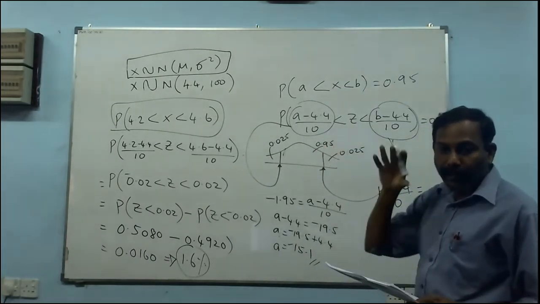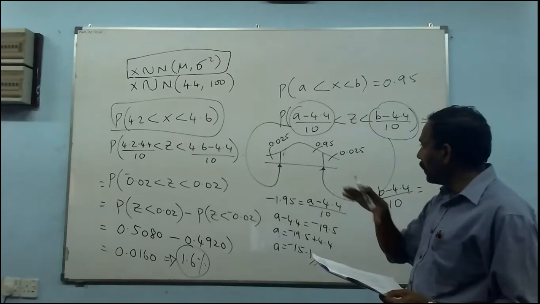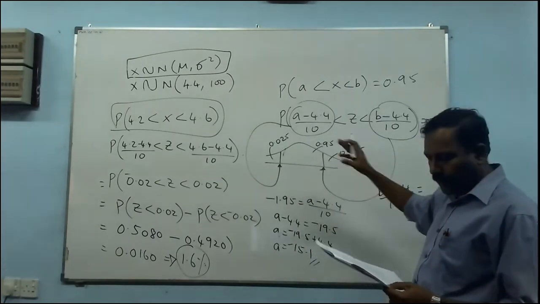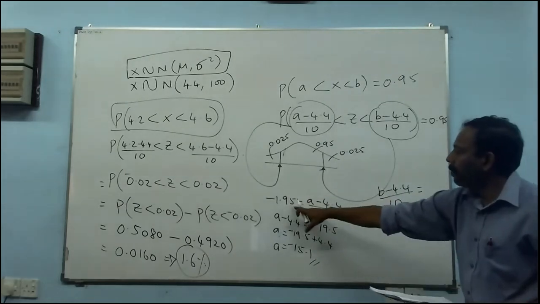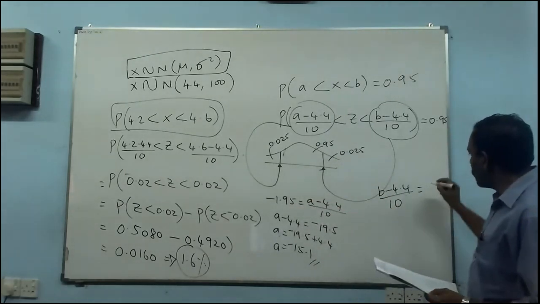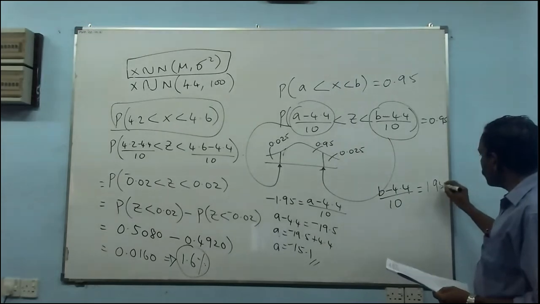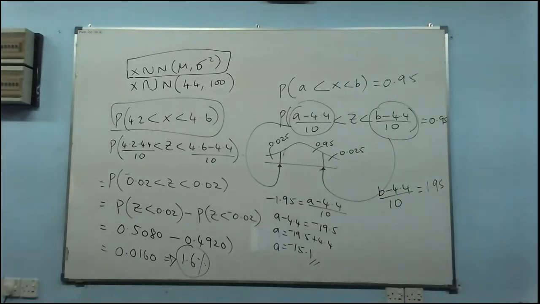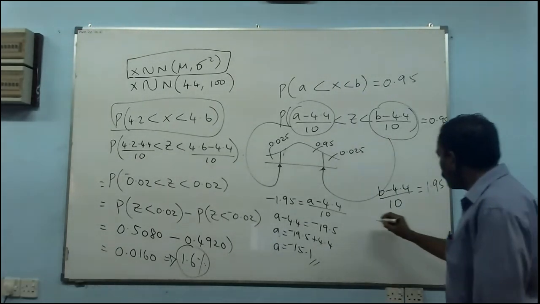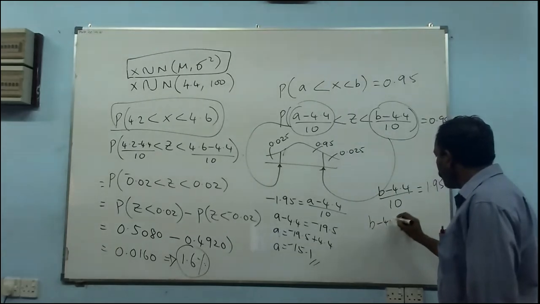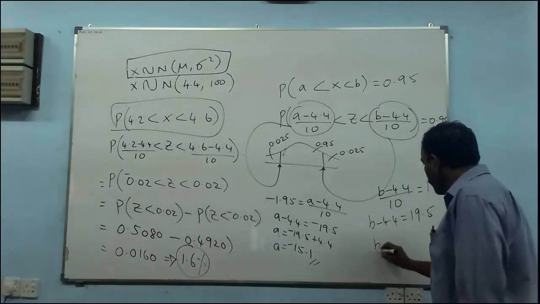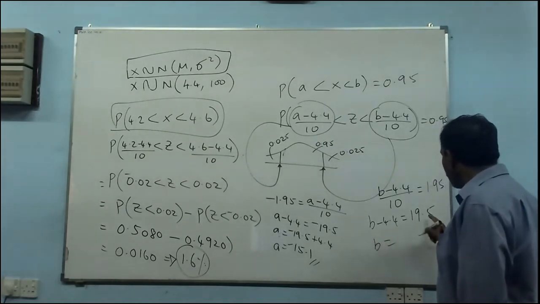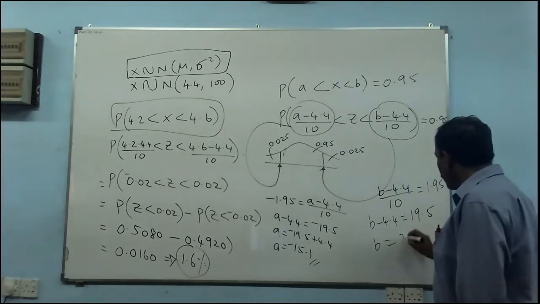You can look at that value of probability, or otherwise we can take the positive value of that because it is symmetric. So here this is equal to 1.95. Right? So B minus 4.4 is equal to 19.5. B is equal to 23.9.